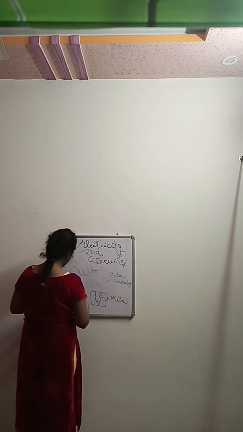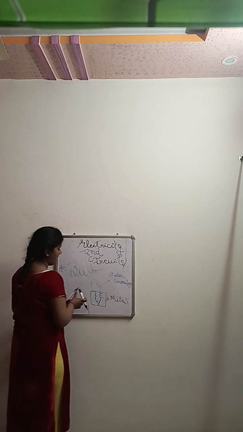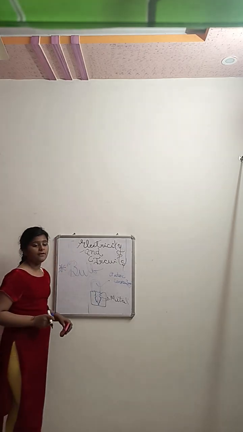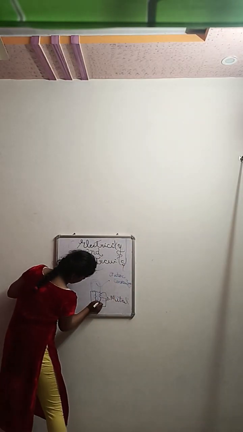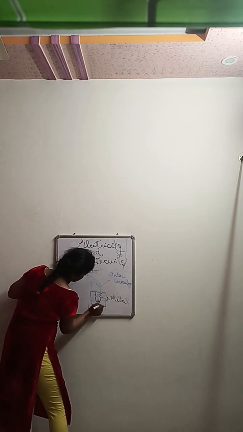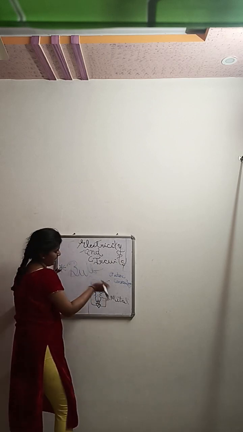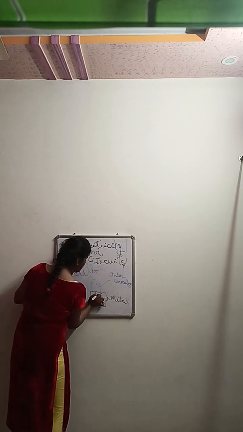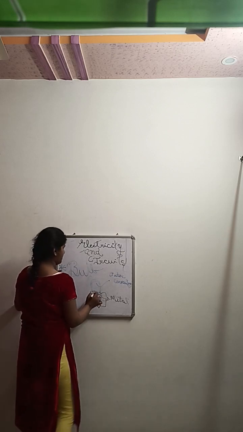And in the bulb, where the positive and negative terminals are located, I will show you. The positive terminal is located here at the downside, and the metal tip is present here, and the negative terminal is here.